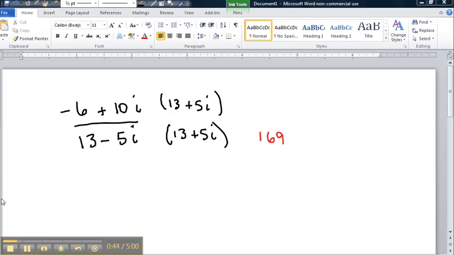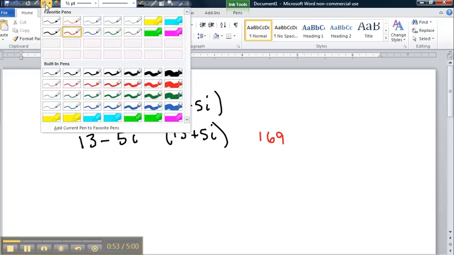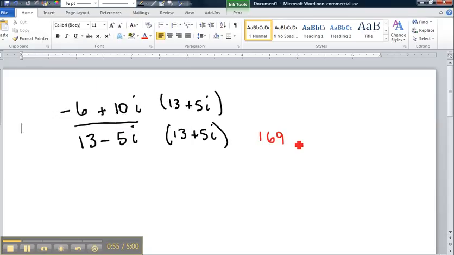Okay, and here we have 13 times 5i is plus 65i, and then 5i times 13 is minus 65i, and then minus 25i squared. We'll clean all this up in a minute.